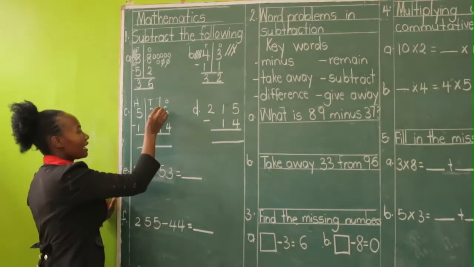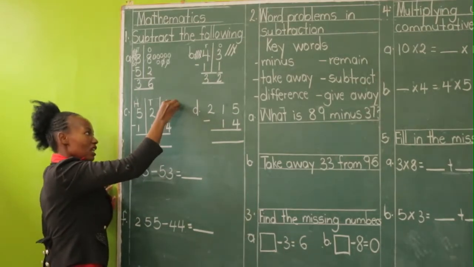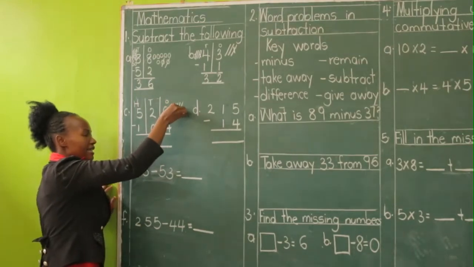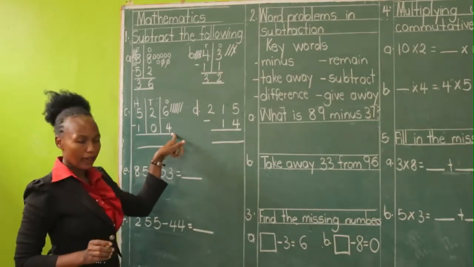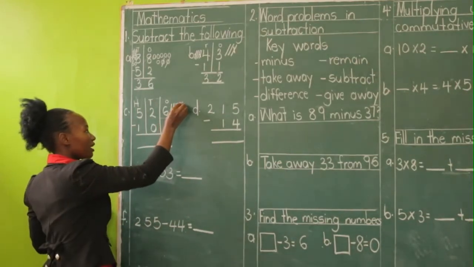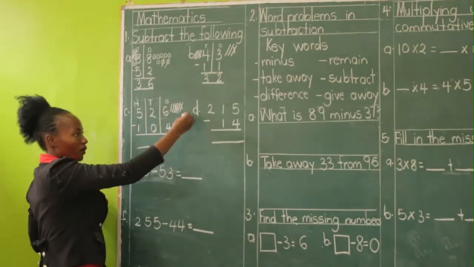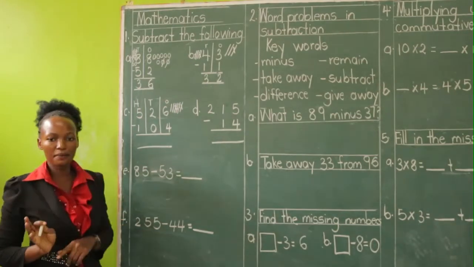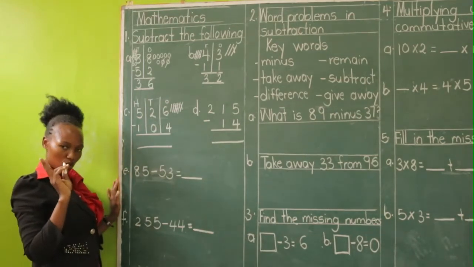Here, my number is 6. I draw my 6: 1, 2, 3, 4, 5, 6. I take away 4: 1, 2, 3, 4. After I count the sticks which have remained: 1, 2. We've remained with 2 sticks.